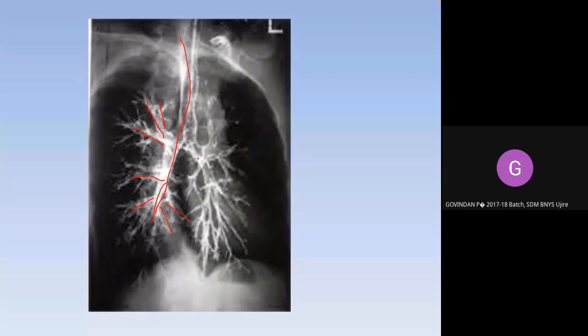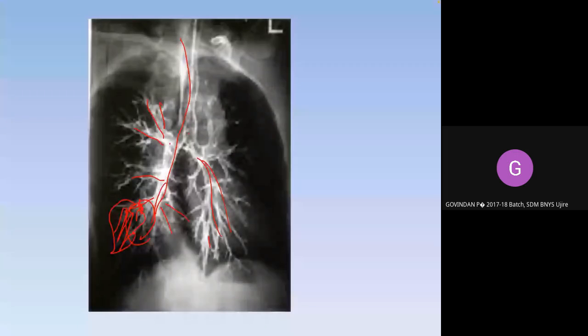Why this is important is this is not routinely done these days. However, filling defects or if the bronchial tree is blocked, it will look darker. That is, the white contrast will not reach that area. Or if there is a lung collapse, this part of the lung, if it is collapsed, this won't be seen. This is how it will be seen.